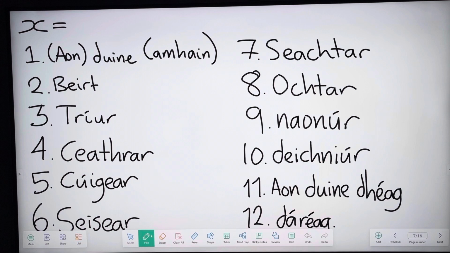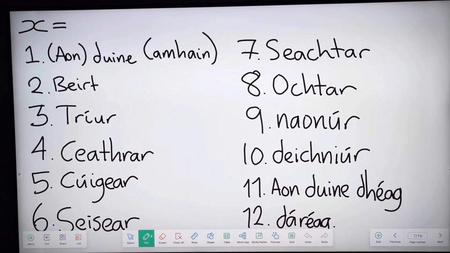So if tá X i mo chlann, X equals these numbers in front of you. Personal numbers. Aon duine amháin, or duine amháin, one person. Beirt, two people. Triúr, three people. Ceathrar, four people. Cúigear, 5 people. Seisear, 6 people.